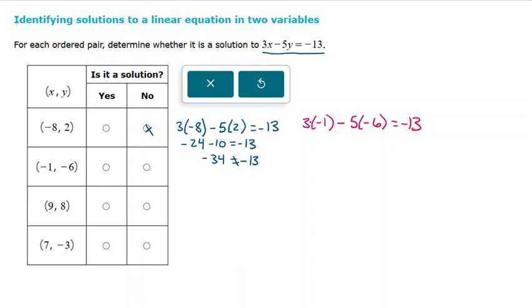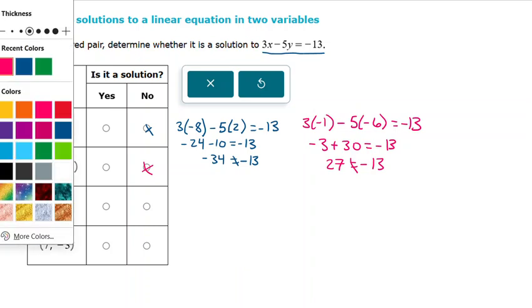So when we multiply this, we get 3 times -1 is -3. Minus 5 times -6, that's going to become plus 30. And I probably don't even need to take this last step of figuring out what this is. It's 27. But if I can tell that it doesn't equal -13, which it doesn't, then I can go ahead and just say no.